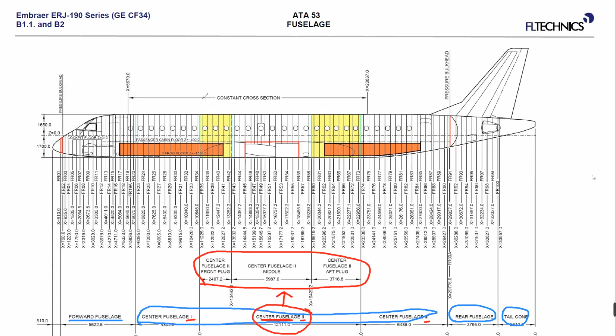We have 3 big sections on the center fuselage, and only for Embraer 195 we have 3 more for the center fuselage too. Okay? Is that clear? This is important to make the difference between the different sections.